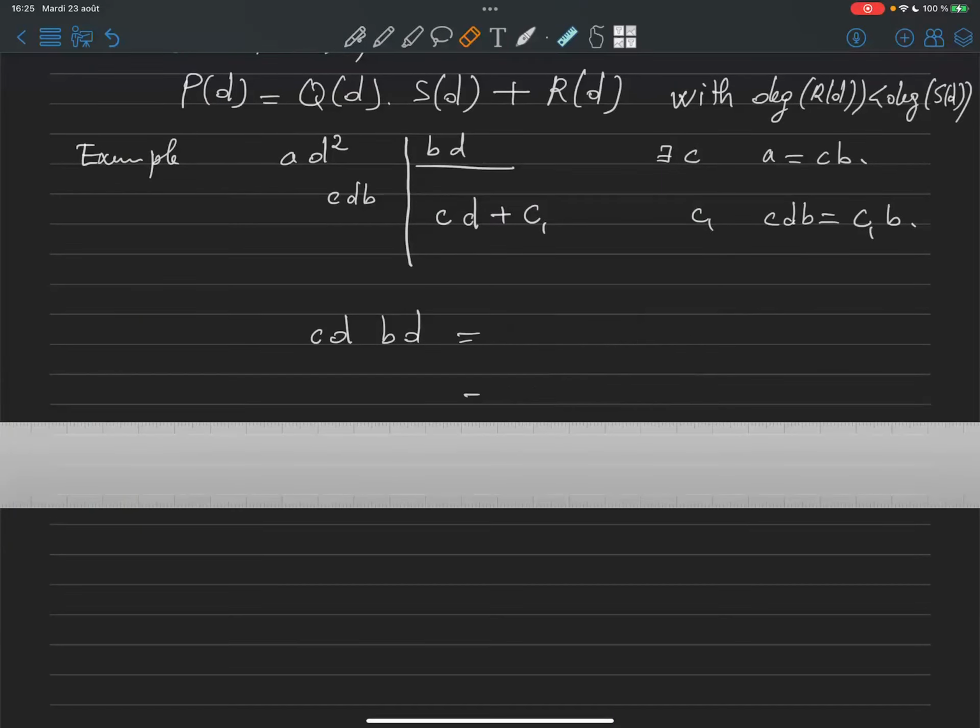Hence it is equal to 0. Since this should be on the left side and this should be on the right side.